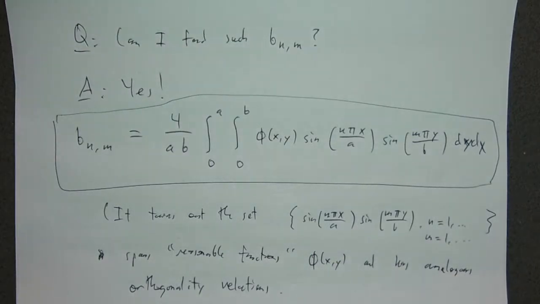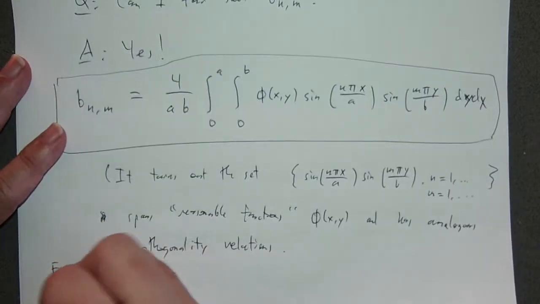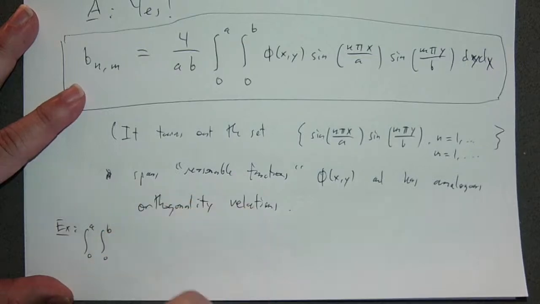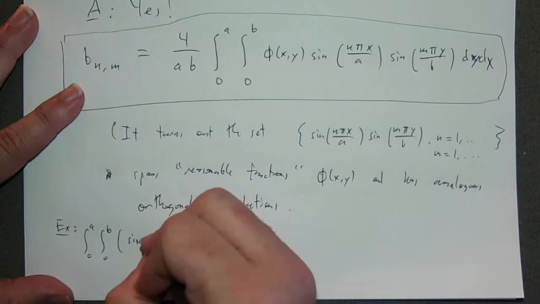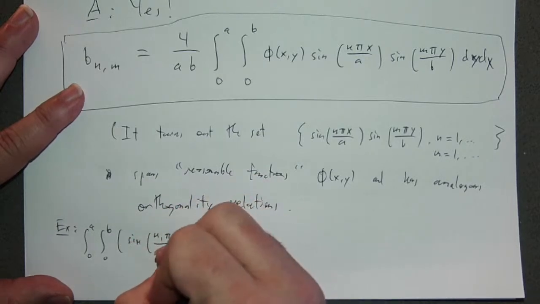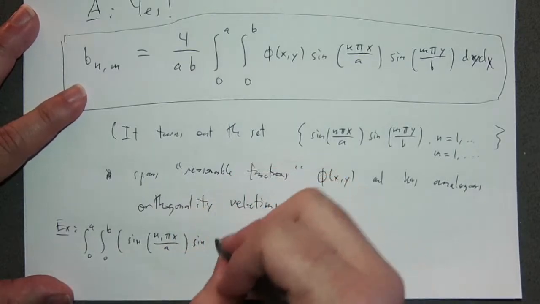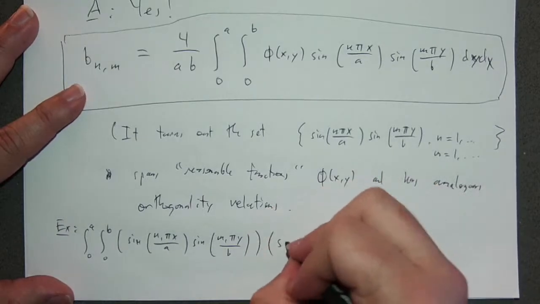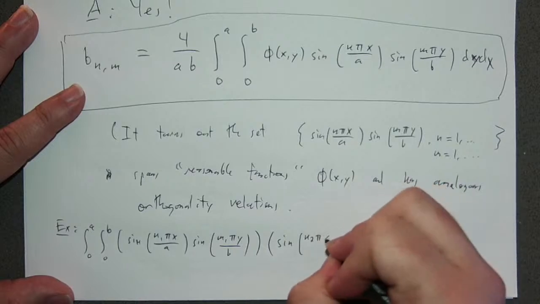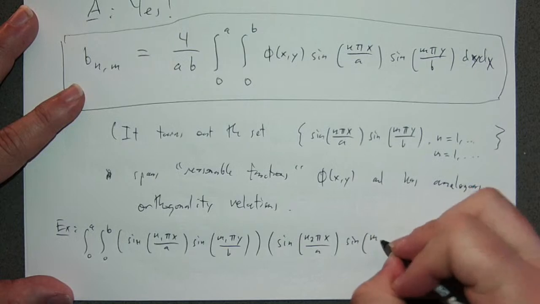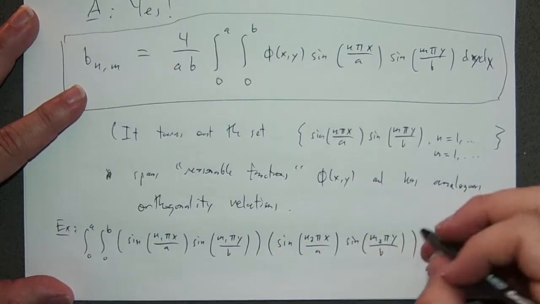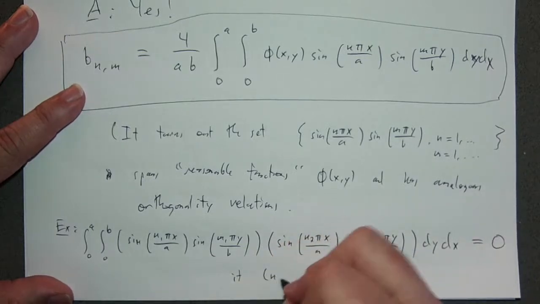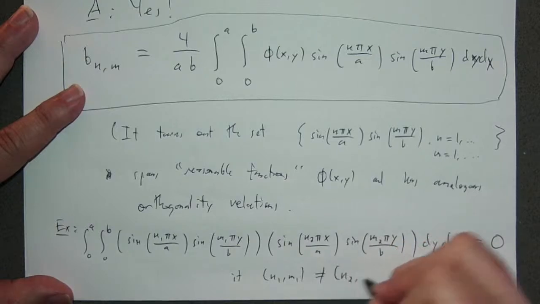Okay. In fact, just as an example, you can compute the integral from 0 to a, the integral from 0 to b of sine of n1 pi x over a sine of m1 pi y over b times sine of n2 pi x over a times sine of m2 pi y over b dx dy, which is equal to 0 if the pair n1 m1 is not the same as the pair n2 m2.